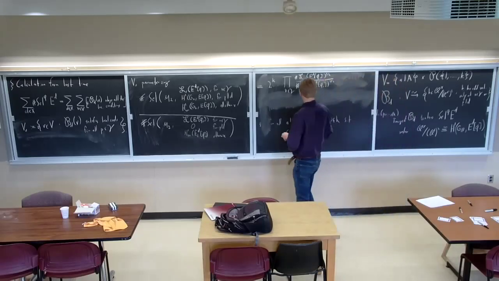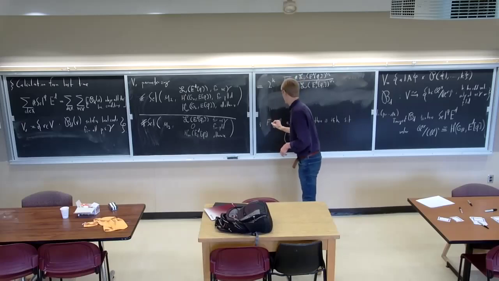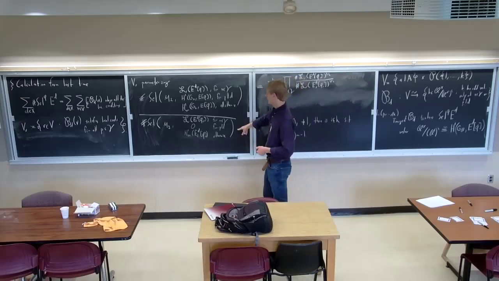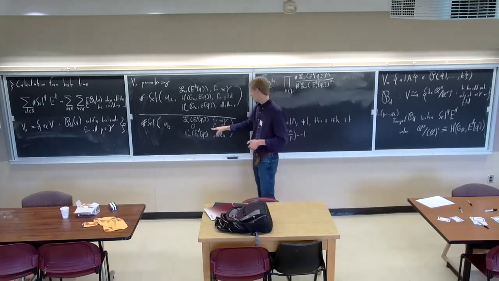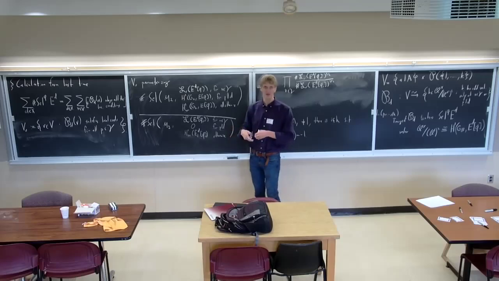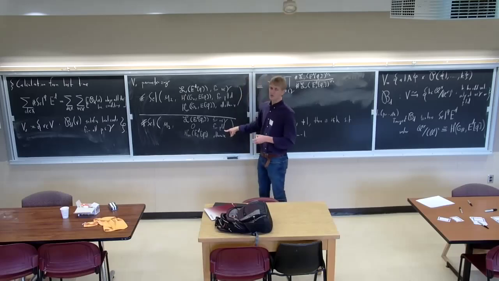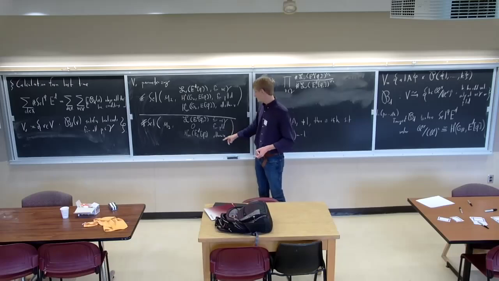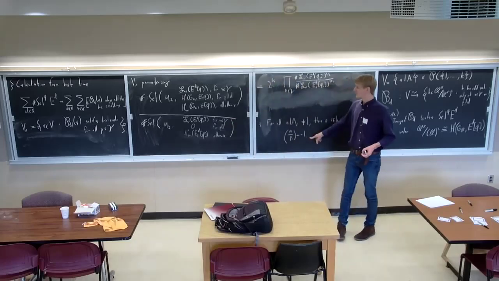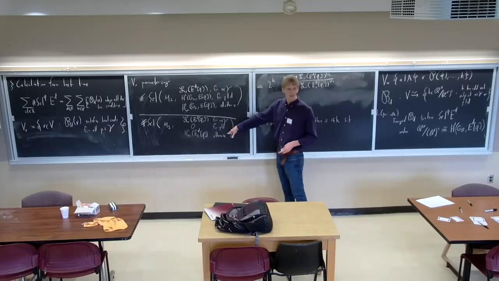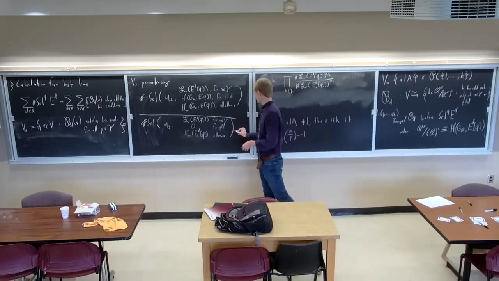And now the thing to note is anything in this group is going to be trivial at the primes dividing D. It's going to be something, a B in Q cross over Q cross squared, which is locally a square at all the primes dividing D, and unramified at all primes except for the ones in D. And so, because I've made this technical assumption, this denominator is actually 0.